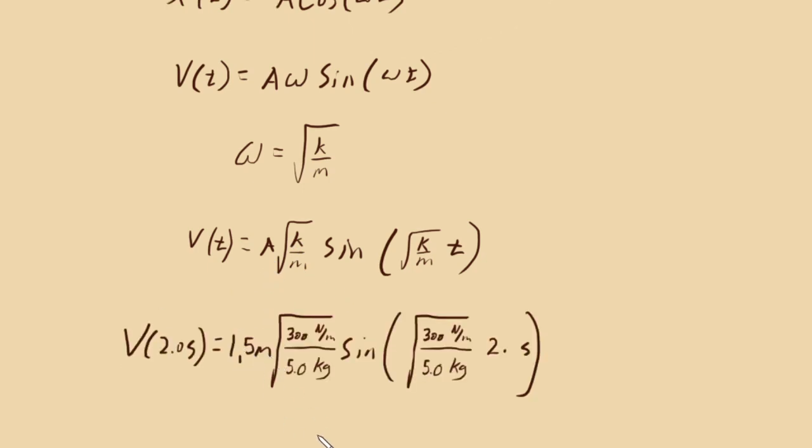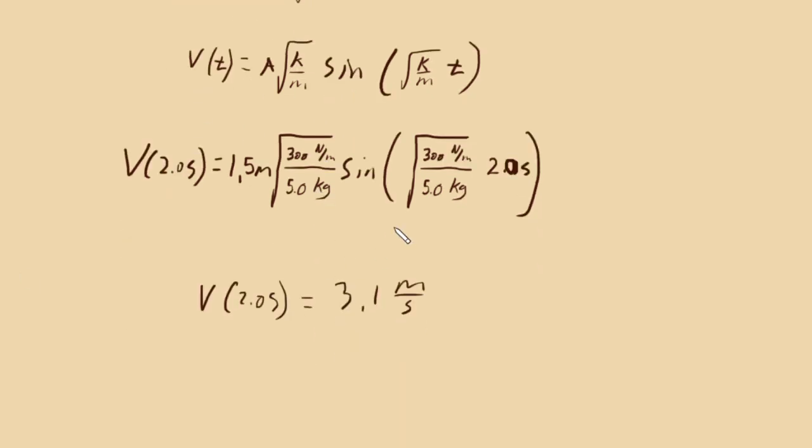We had an amplitude of 1.5 meters, spring constant of 300, and the mass was 5. And inside of the trig function, we need to multiply by 2 seconds. That's supposed to be a 0. Okay, so we plug this into our calculator, and it turns out that our object is traveling at 3.1 meters per second at 2 seconds.